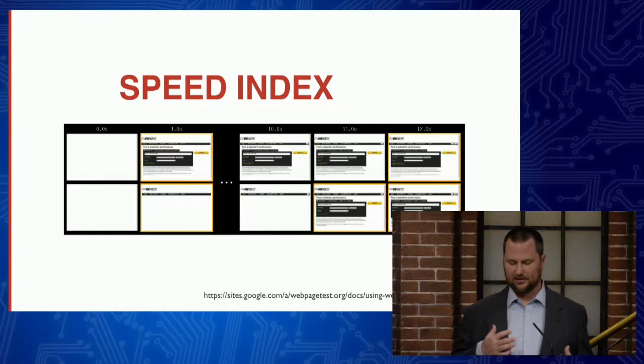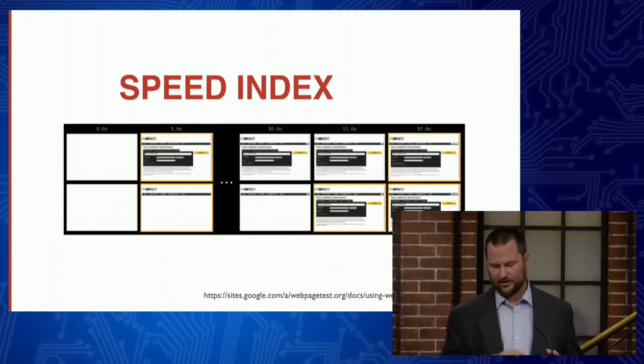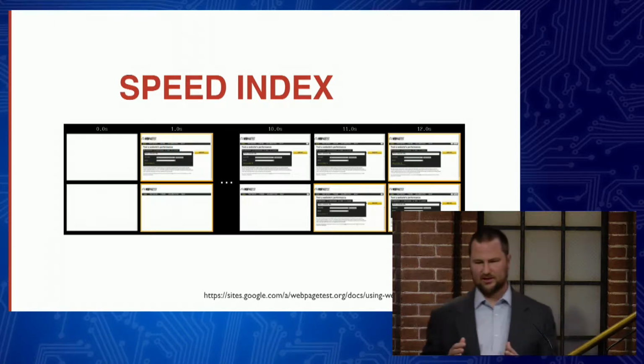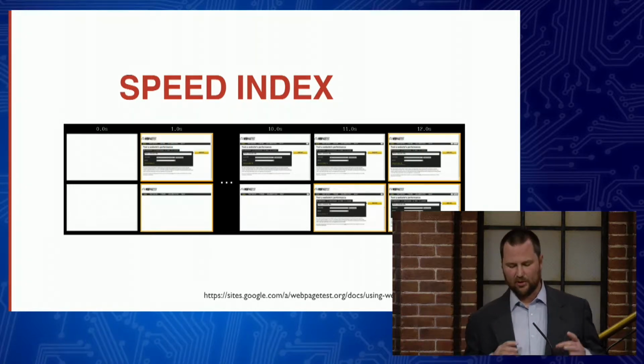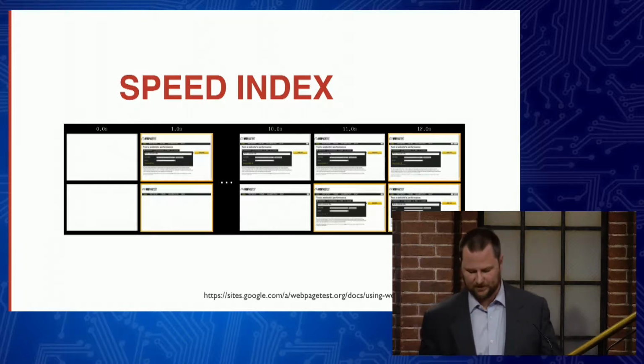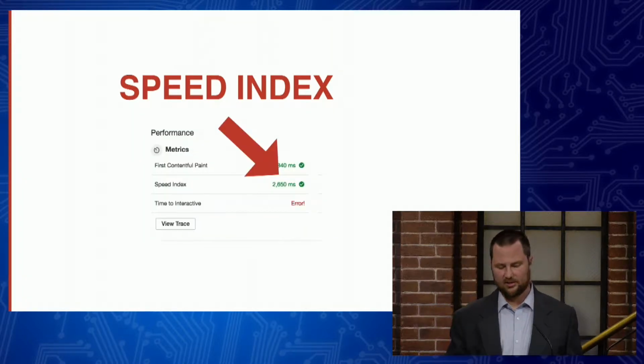You can see an example here on the top row. Both websites might finish at the exact same time, but the top row approaches that a little bit quicker, and so that will have a quicker speed index. And you can get your speed index by running an audit within Chrome Developer Tools, and I'll be walking through that in a little bit.